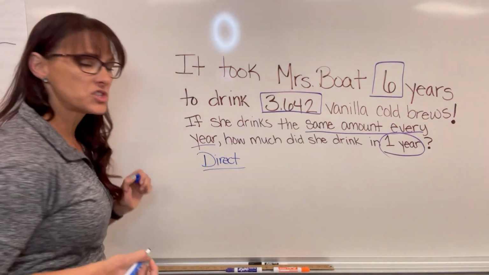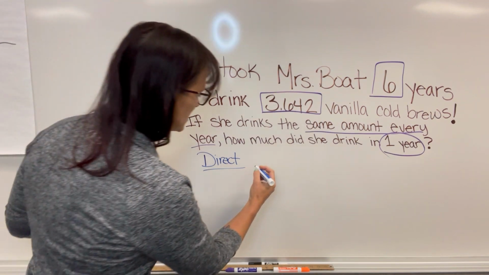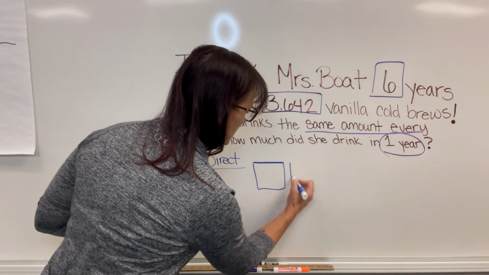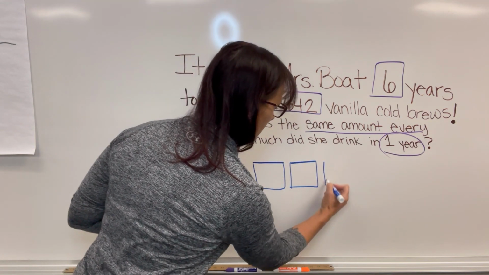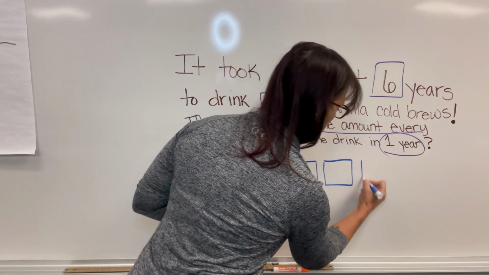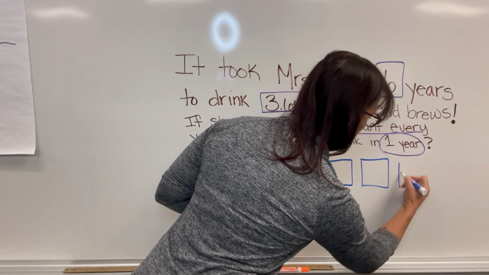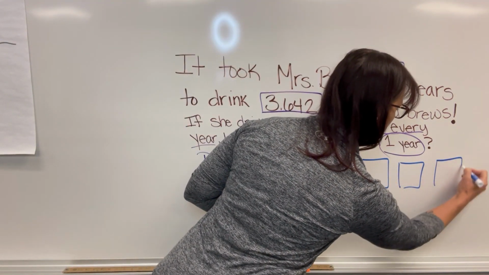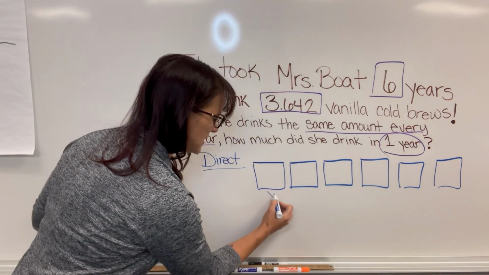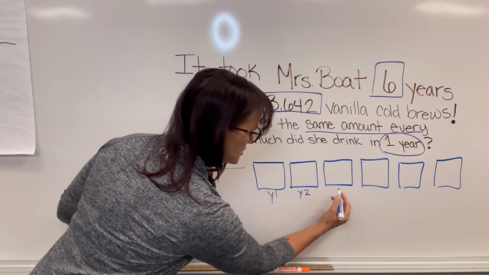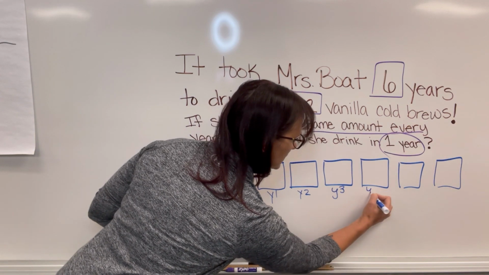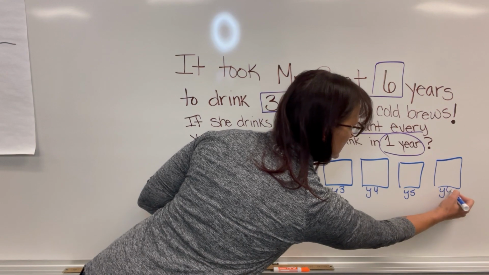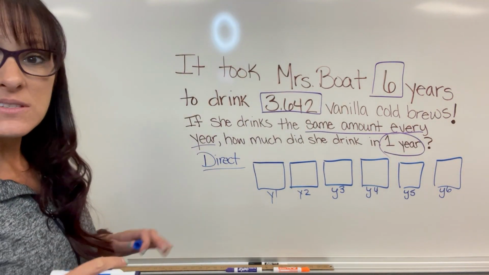This is where you're doing direct modeling, and you make those years: 1, 2, 3, 4, 5, and 6. So I'm gonna label this as year 1, year 2, year 3, year 4, year 5, and year 6. Okay, so I have those labeled out.